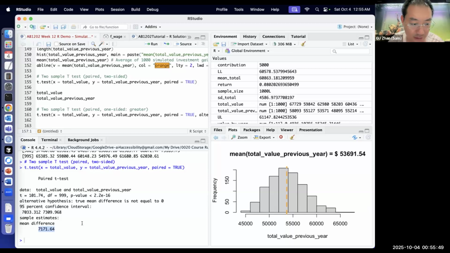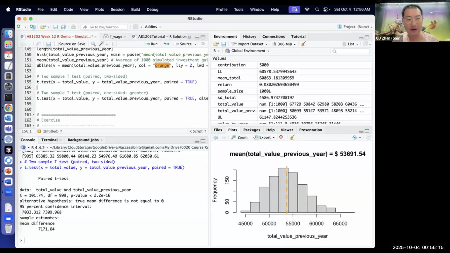So this is calculating the mean difference. So the mean difference is at least $7,000 between the end of 10th year and end of 9th year. So that's the confidence. So paired.